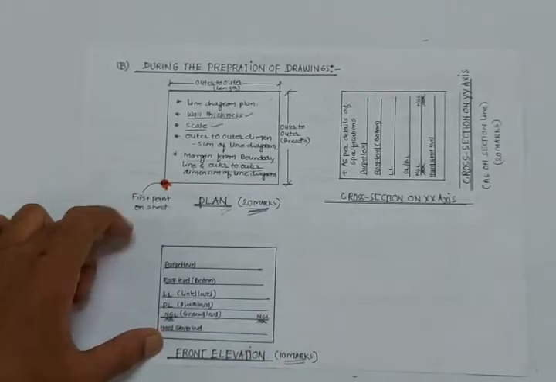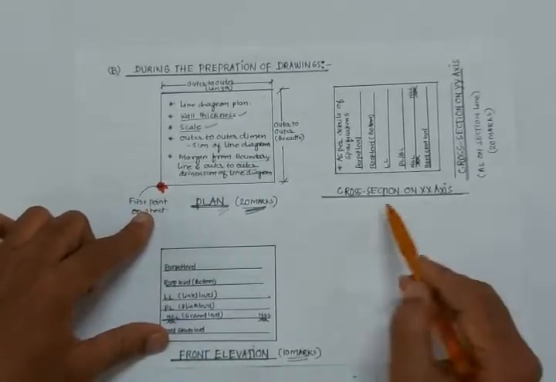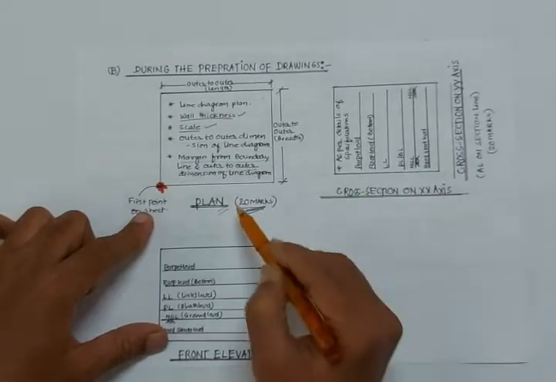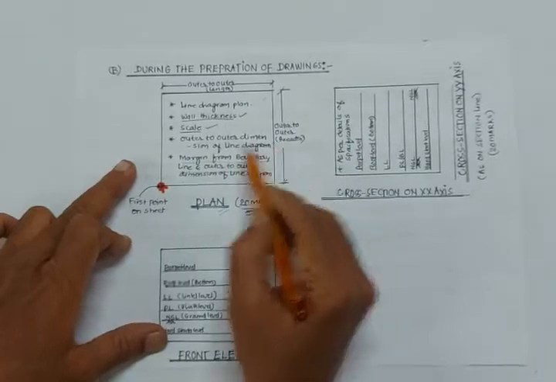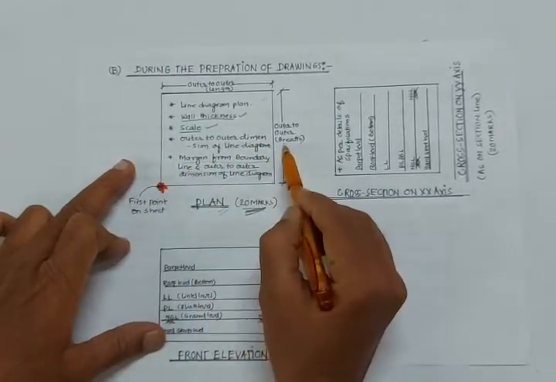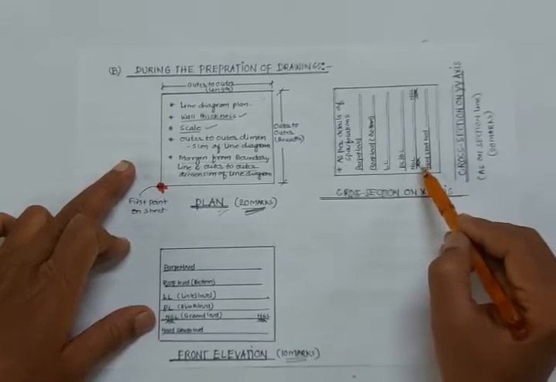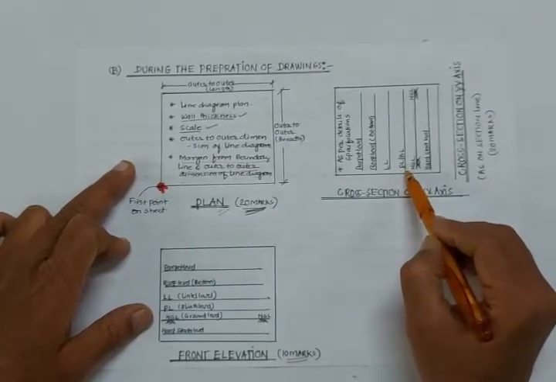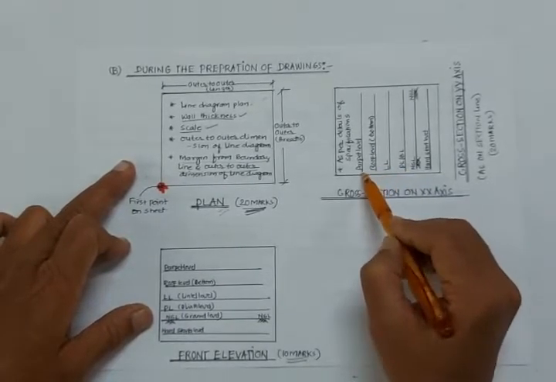In cross sections, along the x axis is different and along the y axis is different. Suppose in the plan the cross section is given along the x axis, you take the horizontal to the x axis and draw the same levels: hard stratum level, ground level and plinth level, which is sometimes also called the basement level, then lintel level, roof level and parapet level.